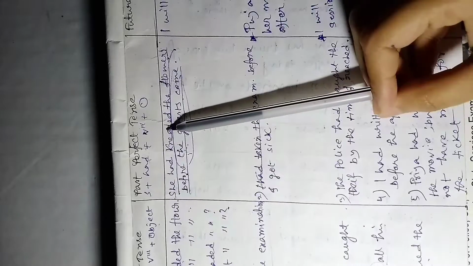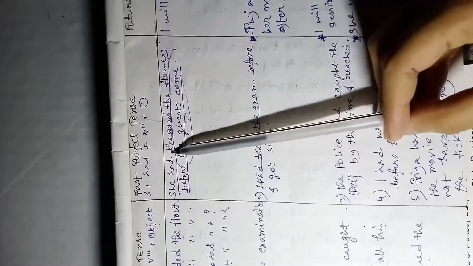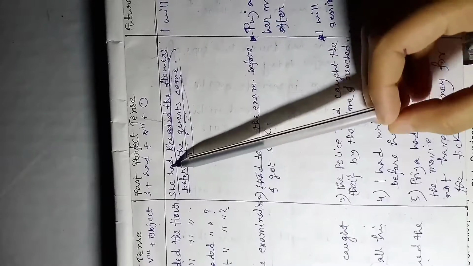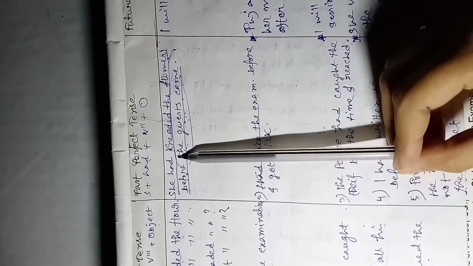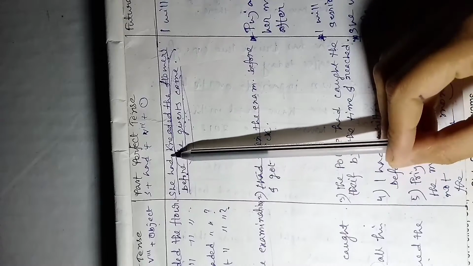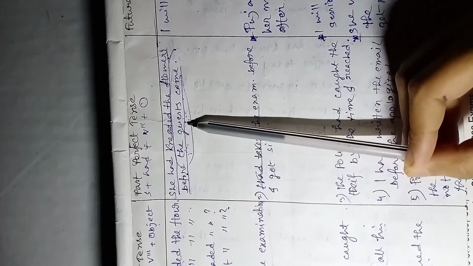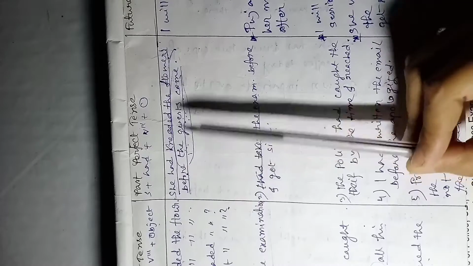Got it? When you apply these sentences in your writing, then use this structure. I mean, for the first action you have to use the past perfect tense structure, and for the second action you use the simple past tense.